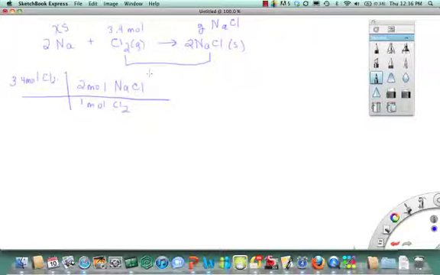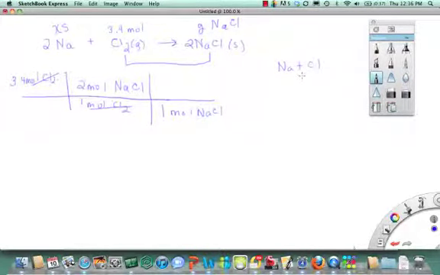Okay? Now, I didn't want to go to moles of NaCl. I'm out of moles of chlorine. For every 1 mole of NaCl, I need to get its molar mass. So sodium plus chlorine.